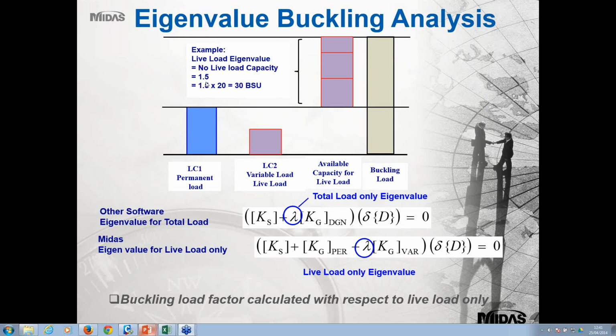So let's say the factor is 1.5 and we have applied 20 units of loading. So the total units for the bridge will be 30 BSU, and we can then subtract 10 and calculate the final rating of the bridge. So that's how we do the buckling analysis checks. The key issue is calculating the load factor with respect to only live load.